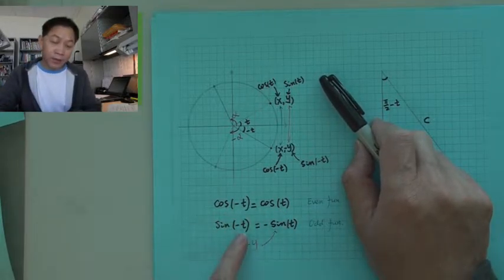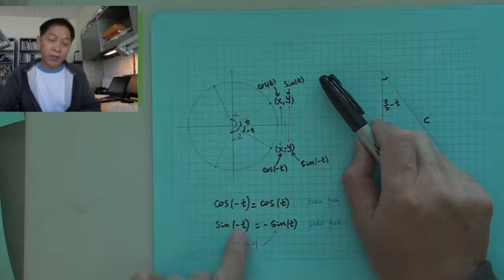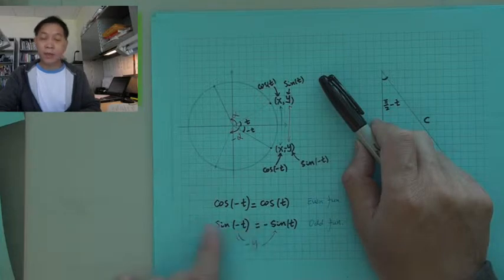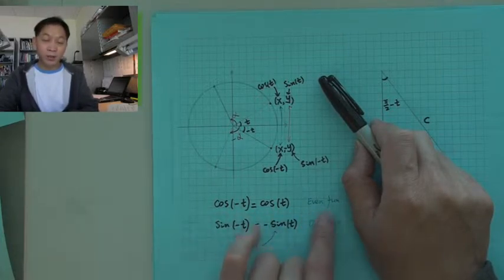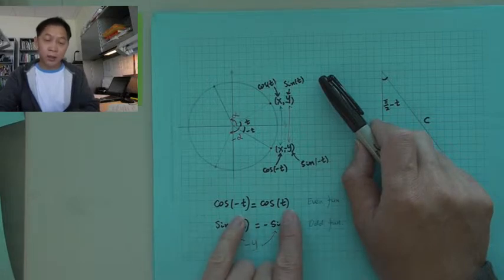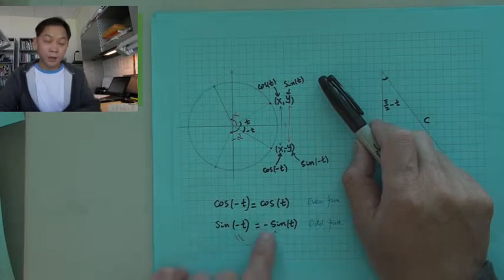Okay, and here for sine is different. For sine, if here is negative t, this negative sign can get out. So this function we call an odd function, the negative sign gets out.